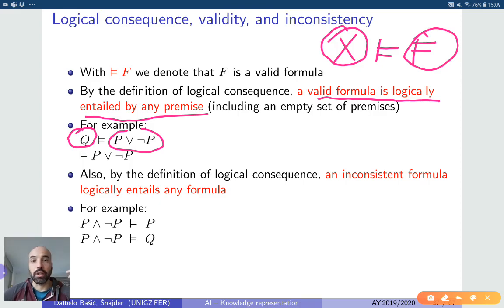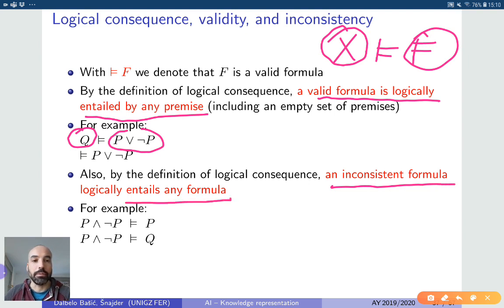When we do automated reasoning later, we'll try to avoid these cases in which we derive valid formulas, since it's not any new piece of knowledge, since we all know that a valid formula is always logically entailed.